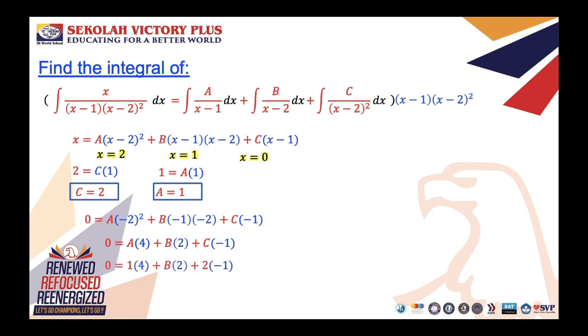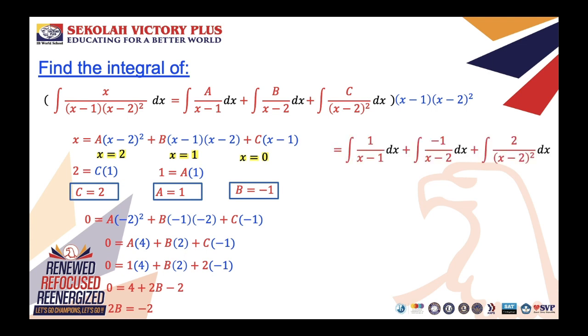Okay? Substituting a and c leaves us with this. Simplifying it further, we get b equal to negative 1. And now we have all the numerators.